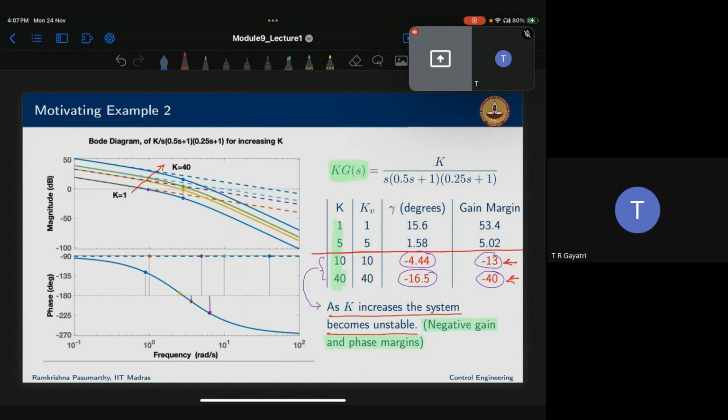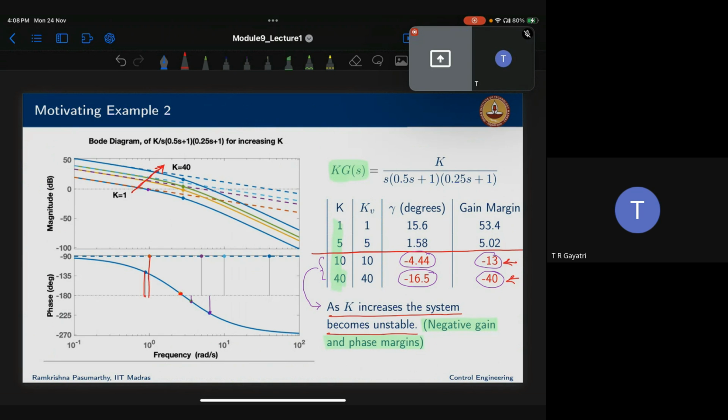When K is increasing from 1 to 40, the phase margin is measured from 180. These are the values initially, 15.6 and 1.58.